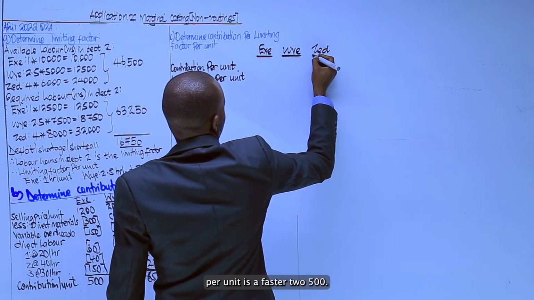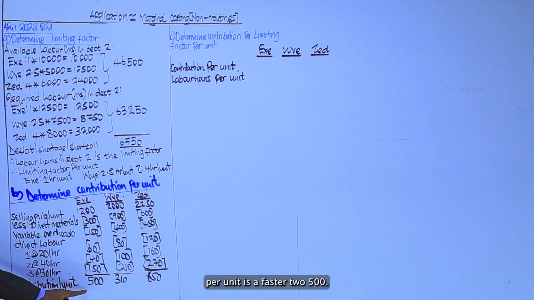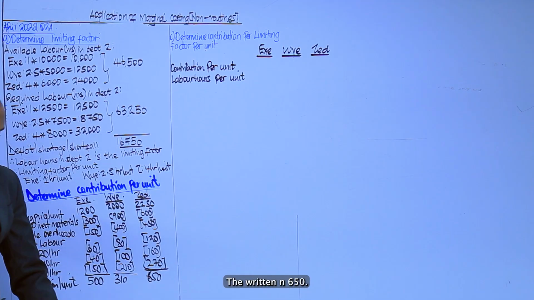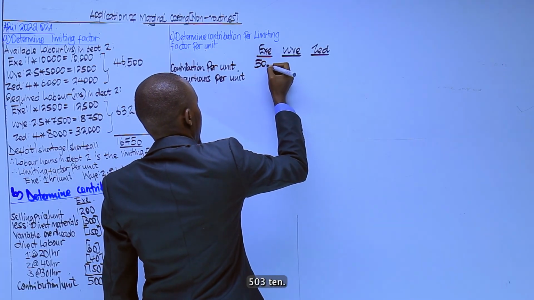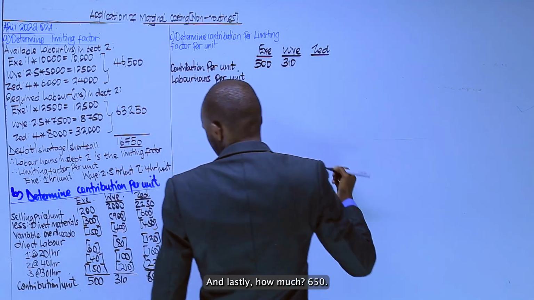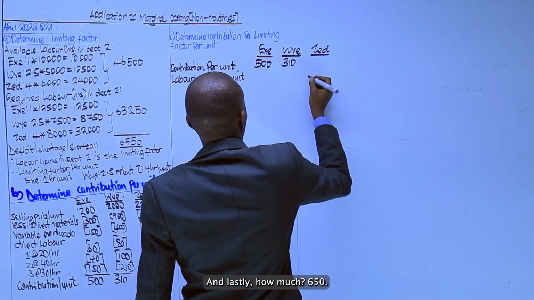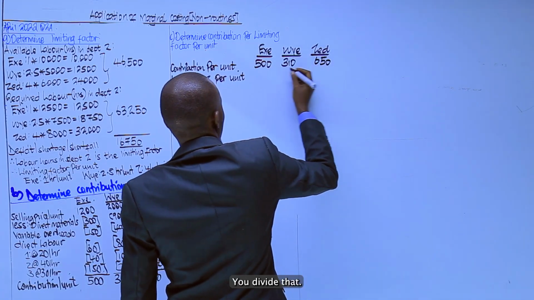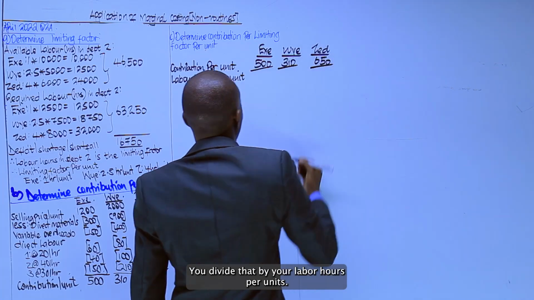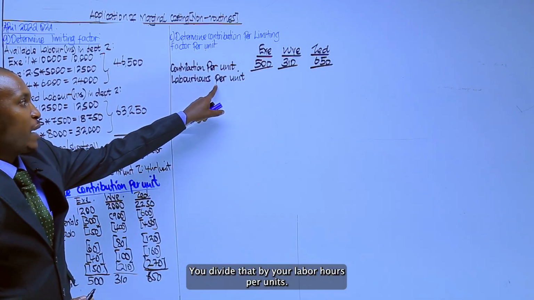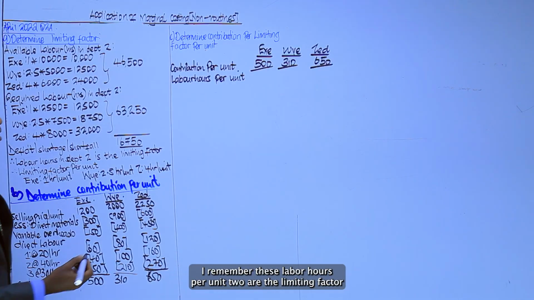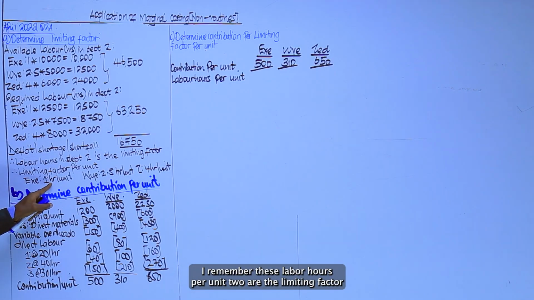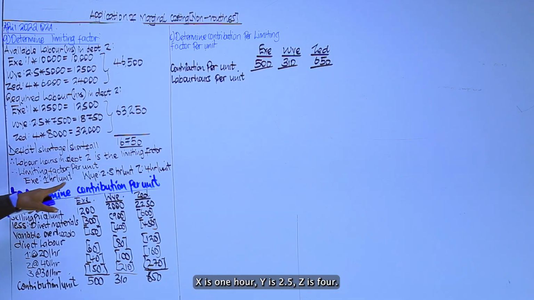The contribution per unit is as per step 2: 500, 310, and lastly how much? 650. You divide that by your labor hours per unit. That is the limiting factor. Remember, these labor hours per unit are the limiting factor. X is 1 hour, Y is 2.5, Z is 4.